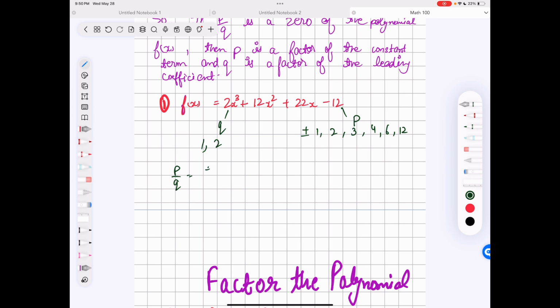So it's going to be plus or minus 1, plus or minus 2, plus or minus 3, plus or minus 4, plus or minus 6, plus or minus 12, and we can divide it by plus or minus 1, plus or minus 2. So we can take any of these terms at the top and divide it by any of these numbers at the bottom.